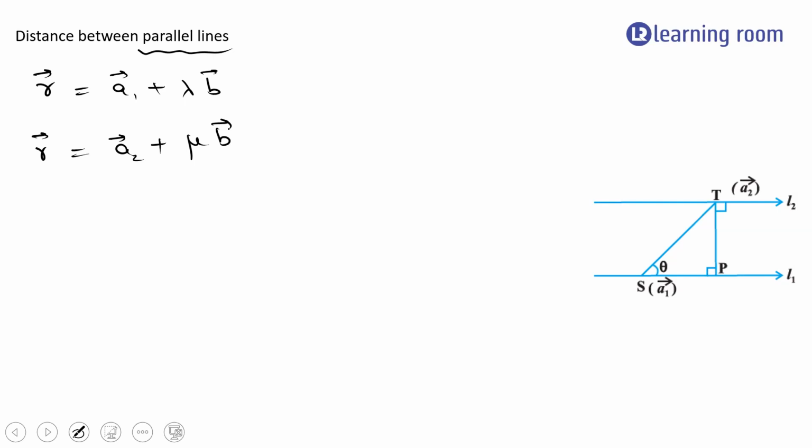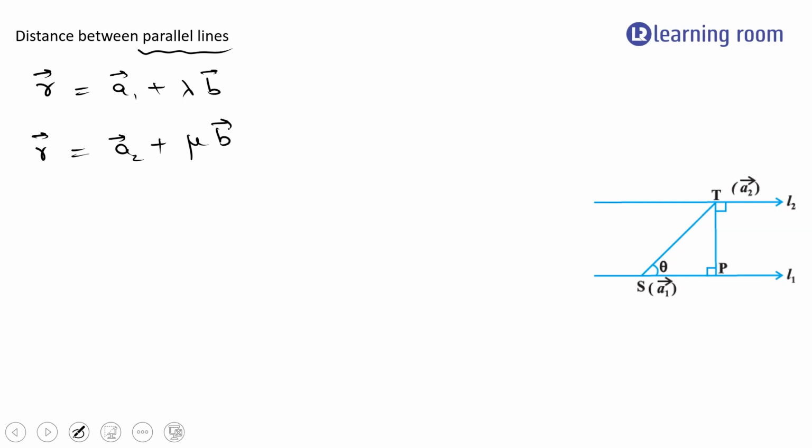If in a question the constant is multiplied with the same vector for both the lines, it is understood that they are speaking about parallel lines. They will not specifically mention that the lines are parallel. You have to observe and find it out.